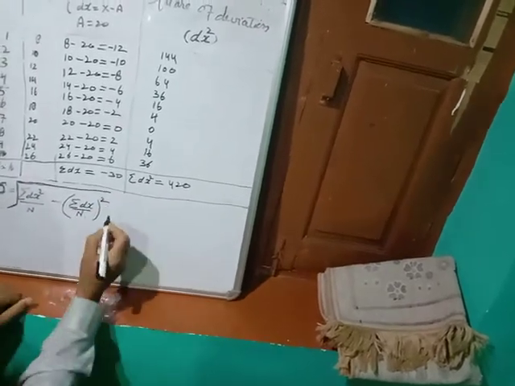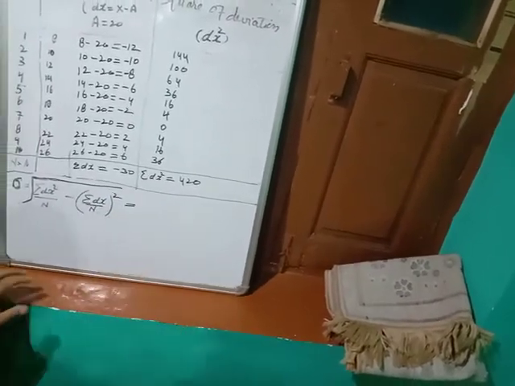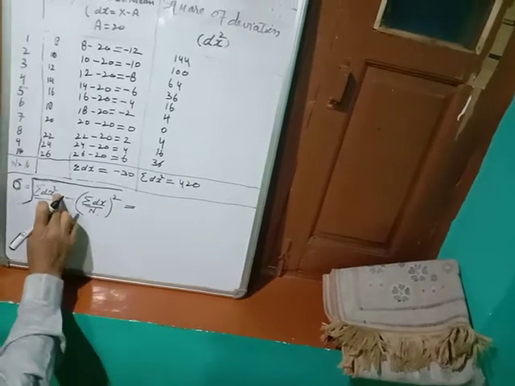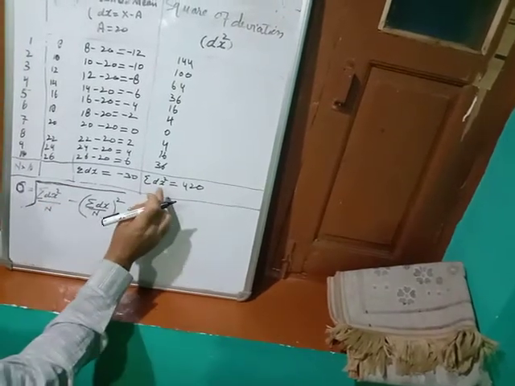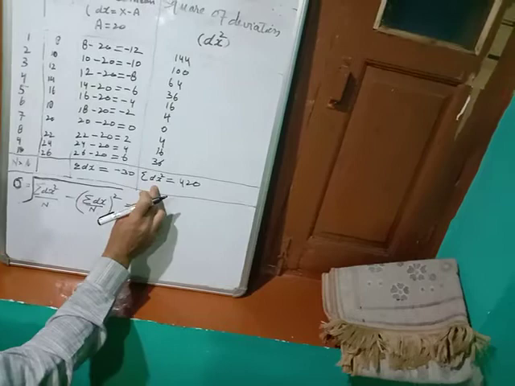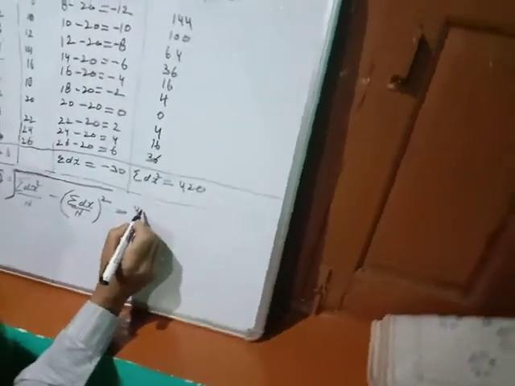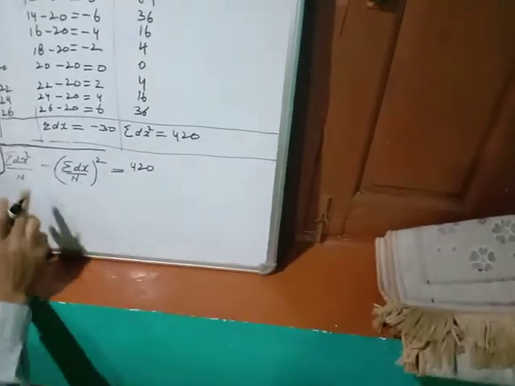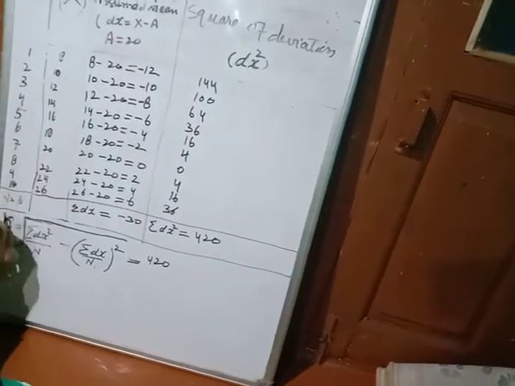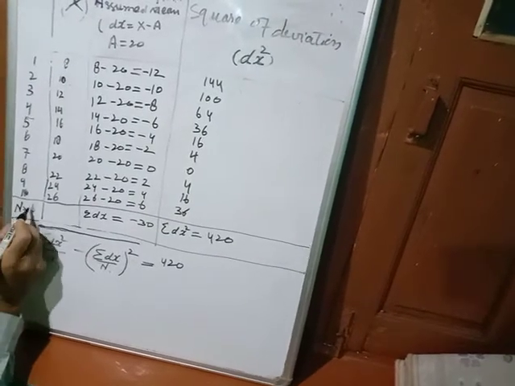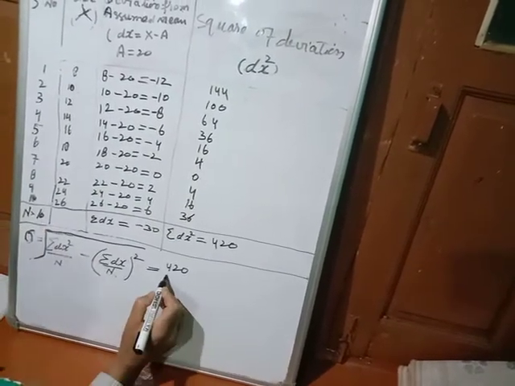Now see here, we have calculated sigma dx square, that is 420, divided by n. The total number of these is 10, so n is equal to 10.